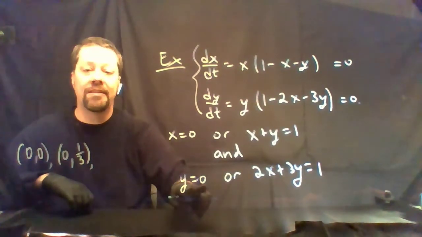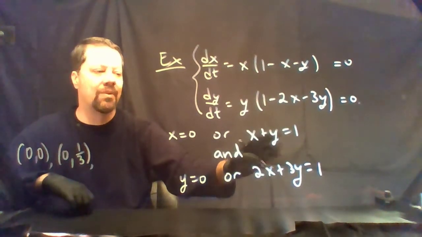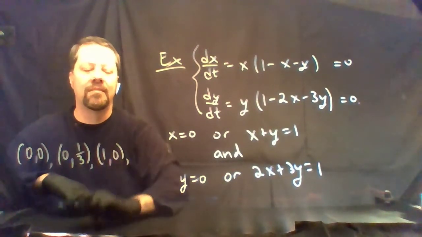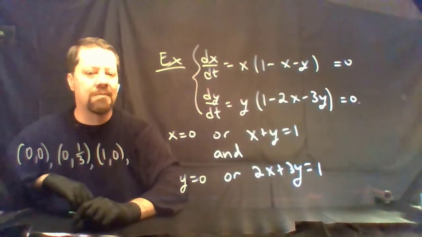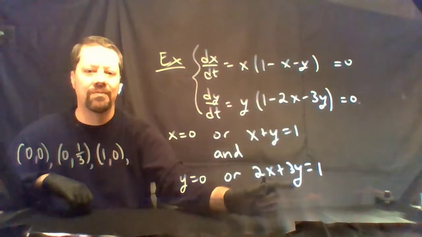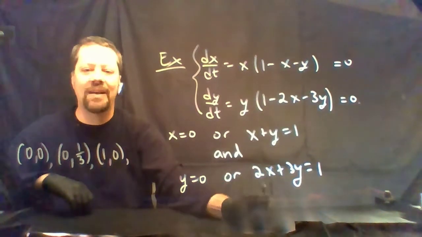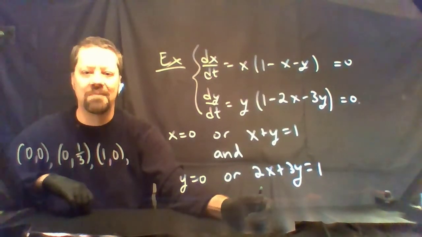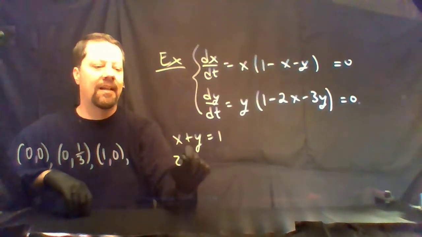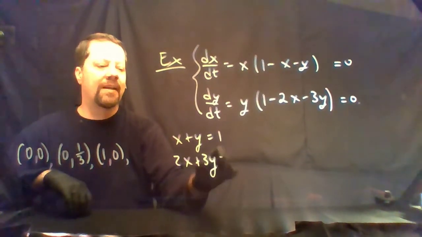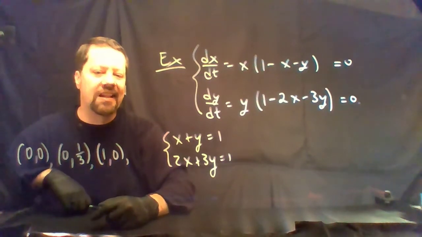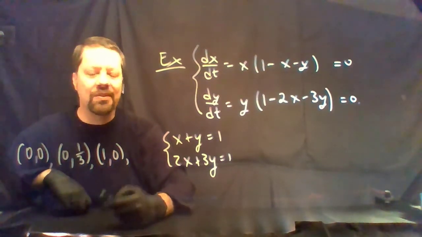Alternatively, if y is 0 and this other equation holds, then x is 1. And there's one more possible combination. We can have these two equations hold. In that case, we're going to have to solve that linear system. If x plus y is 1 and 2x plus 3y is also 1, we can solve this linear system of equations any number of different ways. Let's use Cramer's rule.